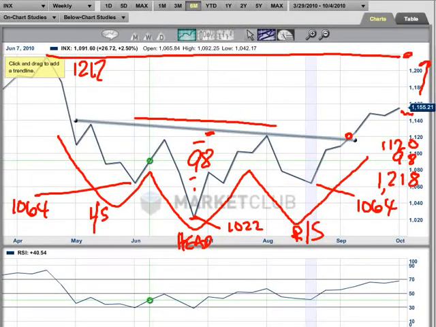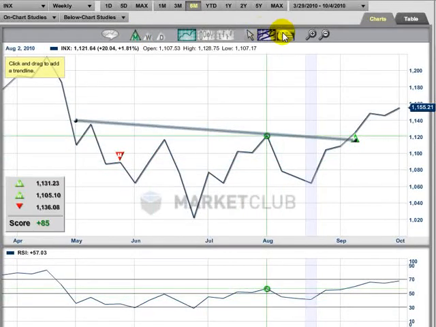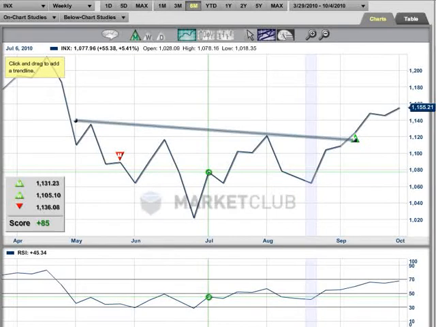So let's take everything off the screen, and let's go into our trade triangles. And what's interesting, these are our monthly trade triangles. These are the ones that show us which way the trend's headed, and they're very, very important. Now here is where we clicked in, not because of the head and shoulders formation, but because that was mathematically where our algorithm kicked in to show this market's going higher.